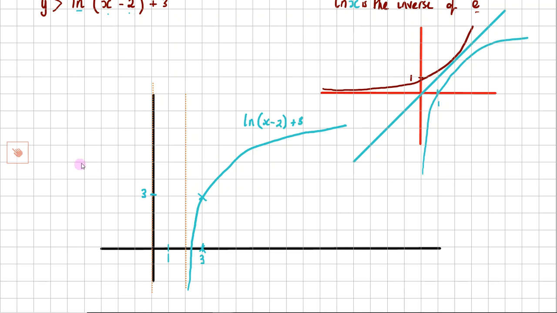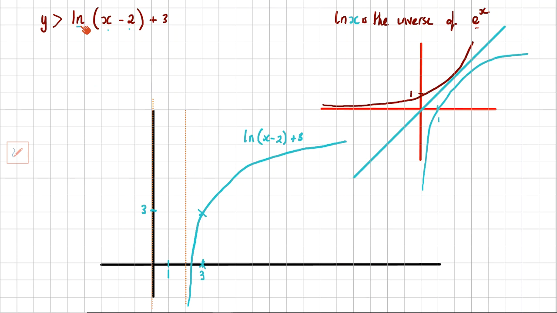Now comes the y has to be greater than that. Which side do you think? You think it's the side above. So what coordinate could we pick to be sure? 2, 3.